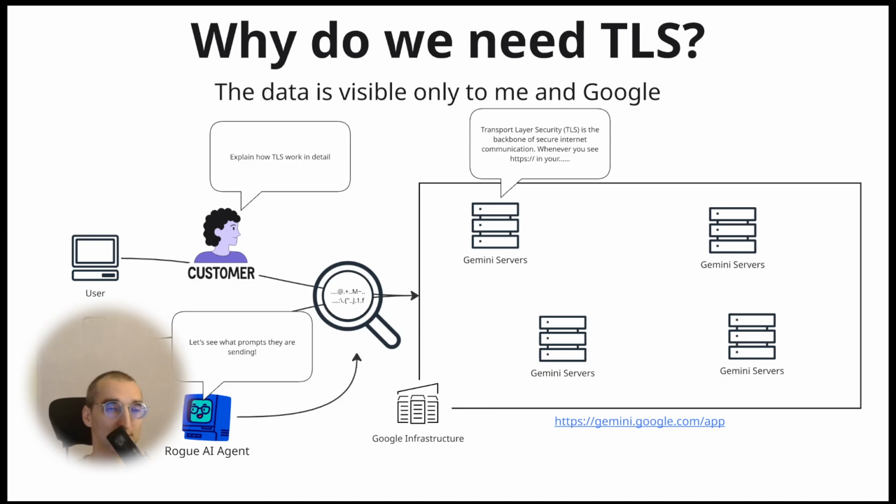Maybe I'm sending some very private information, like my credit card number or my phone number or any sort of personally identifiable information. It tries to hijack it and use it against me. It will not be able to do that because TLS makes sure that the data is encrypted.